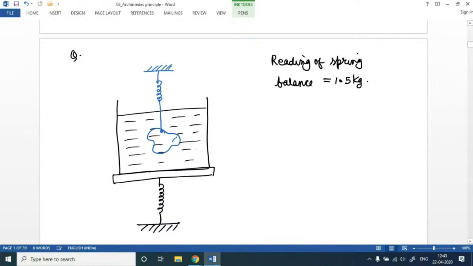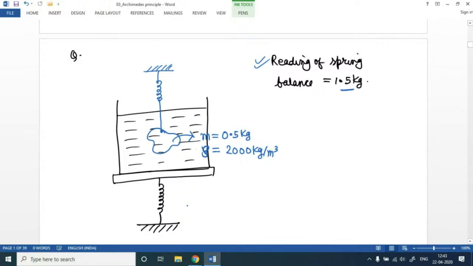This solid has, let's say, mass equal to 0.5 kg and density, let's say, 2000 kg per meter cube. Previously the reading of the spring balance was 1.5 kg. What would be the new reading of the spring balance? We intend to find that out.